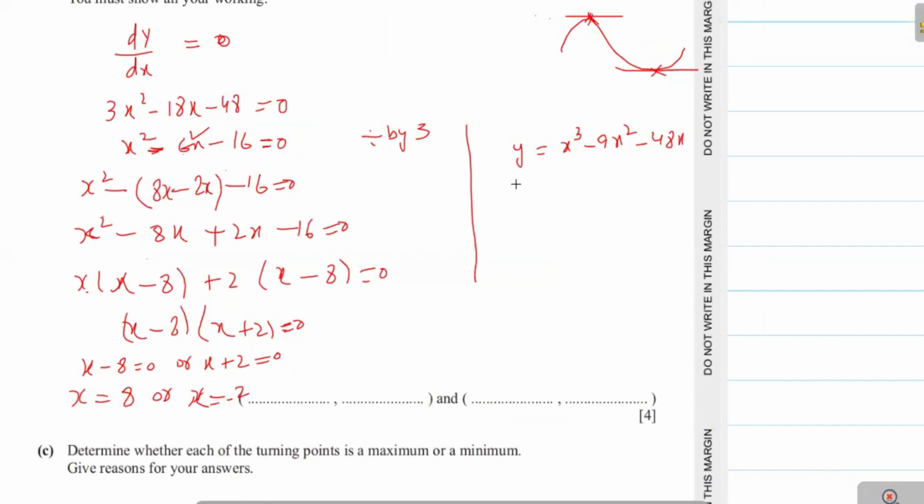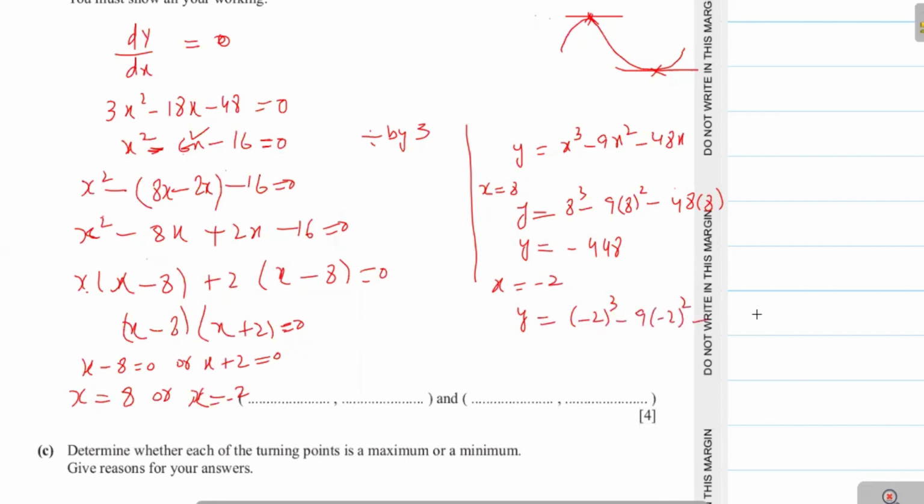When x equals 8, y equals 8 cube minus 9 into 8 square minus 48 into 8, and this value will be equal to minus 448. The next value is x equal to minus 2. We can write y equal to minus 2 whole cube minus 9 into minus 2 whole square minus 48 into minus 2.